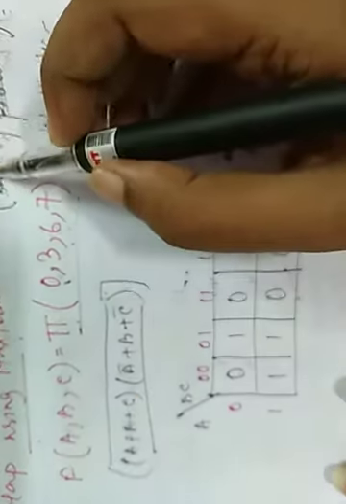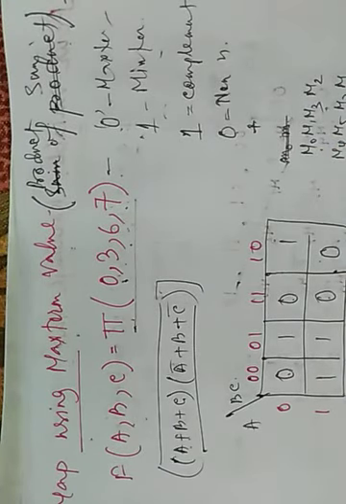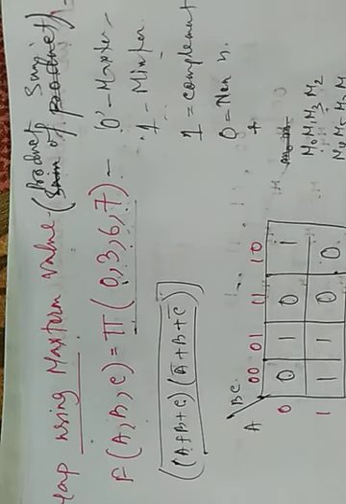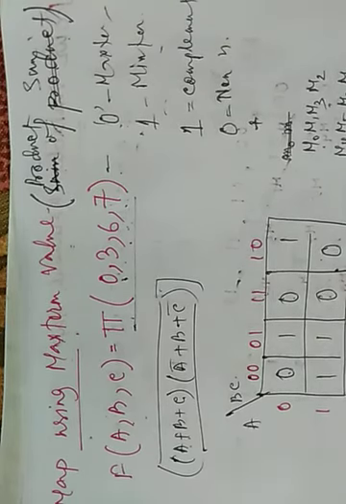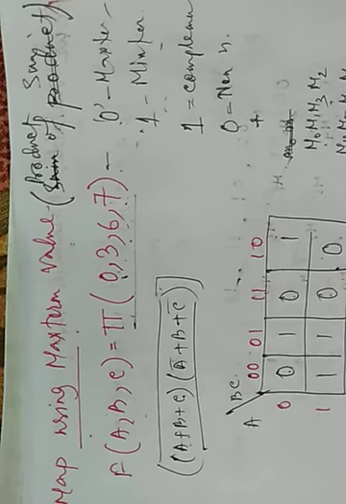Now as we need the product of sum expression, that means max term expression. So for max term expression we have to consider the 0s and make groups of 0, as we have done groups of 1 in all our previous examples, as we needed the min term expression, and here we need the max term expression.